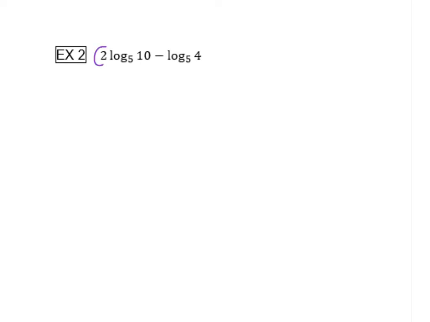First, we've got the number out front, so we know that that was an exponent. So we have log base 5 of 10 squared minus log base 5 of 4. And then we notice that it's subtraction. When it's subtraction, we're working backwards. This came out of division. So that means that we were dividing the 10 squared and the 4.